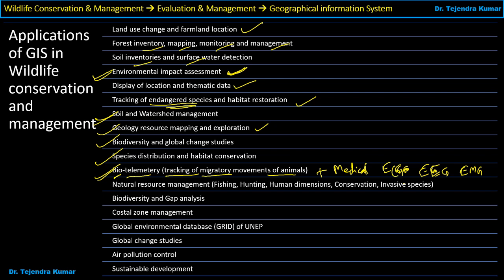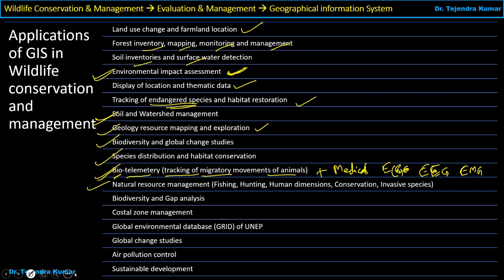So this kind of health information we are also receiving of the animals, and how it is happening is by a tracker which is placed on those animals, whether on the neck, or on the ear, anything. So these are the trackers, and these are used for the biotelemetry. Here we are also using the satellite data and GIS.